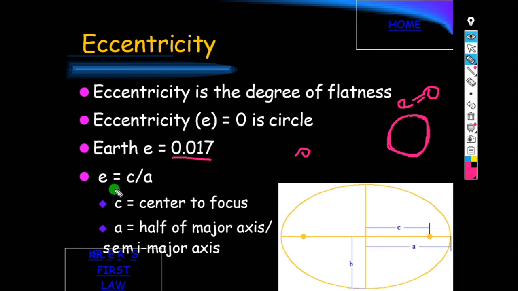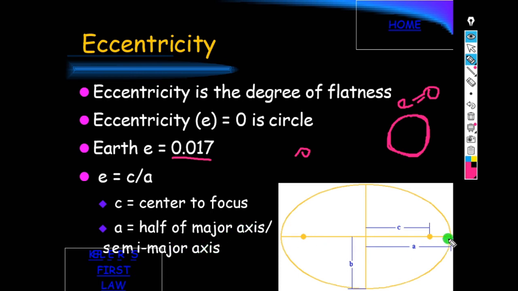E is equal to C by A. So eccentricity can be calculated by the ratio of C and A. So what is C? C is the distance between the center and the focus. And what is A? A is nothing but half of the major axis, or we can say the semi-major axis.